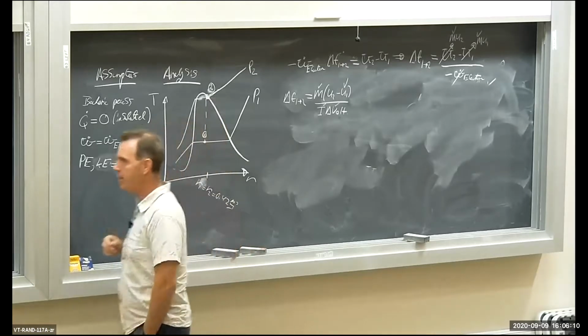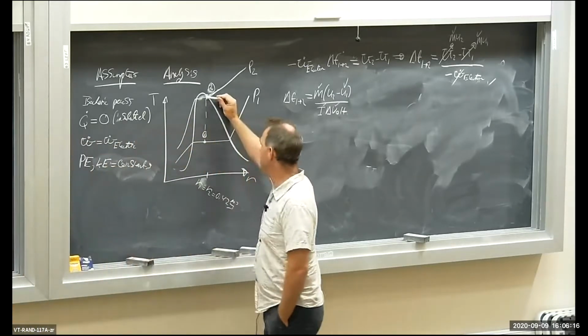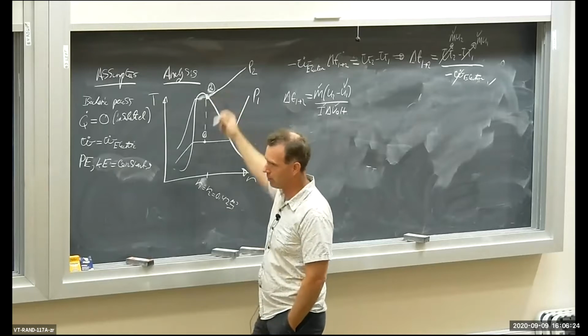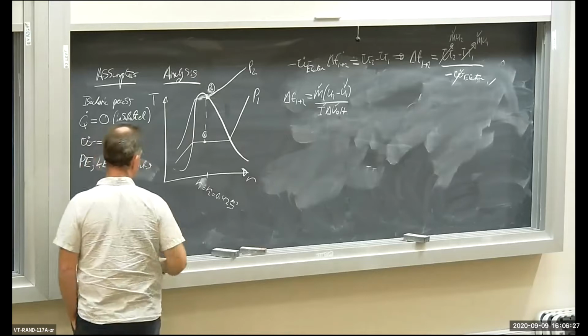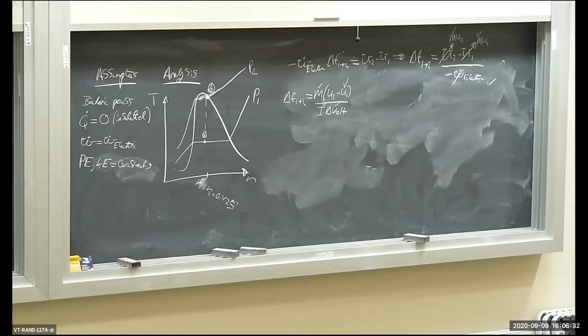So state 2 is a saturated vapor with a specific volume of 0.42 cubic meters per kilogram. Let's see if we can crank that out. So U2 is equal to U at a quality of 1 and a specific volume of 0.423 cubic meters per kilogram.